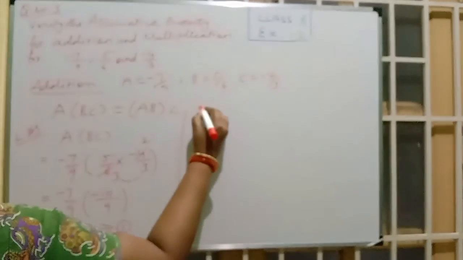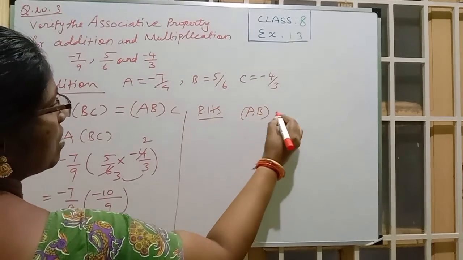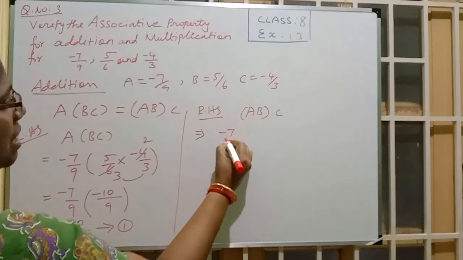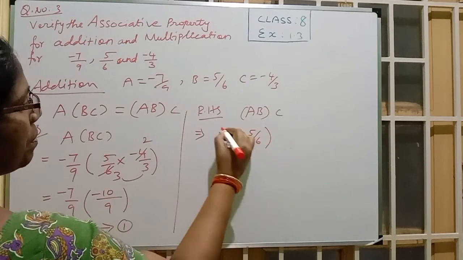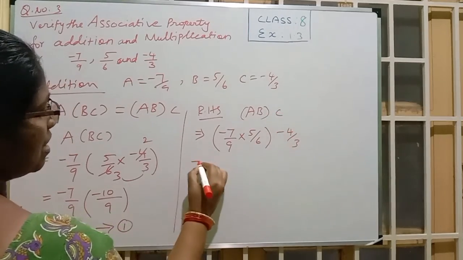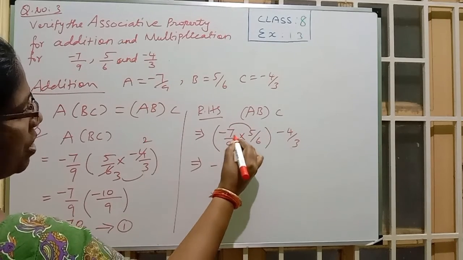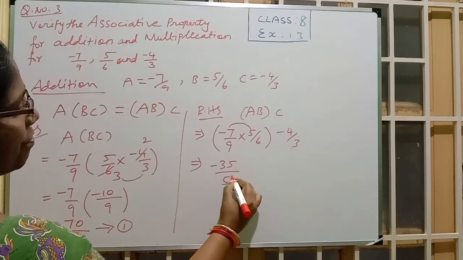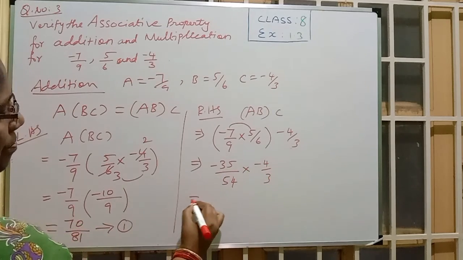Now RHS, that is (A B) into C. Now substitute the values. A is minus 7 by 9 into B is 5 by 6, put in bracket, into C, minus 4 by 3, which gives minus 7 into 5, that means minus 35, divided by 9 6s are 54, into minus 4 by 3.